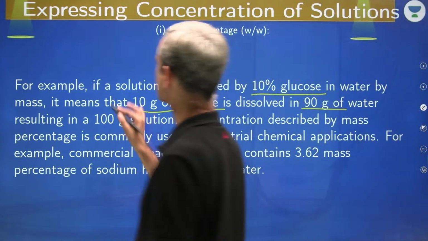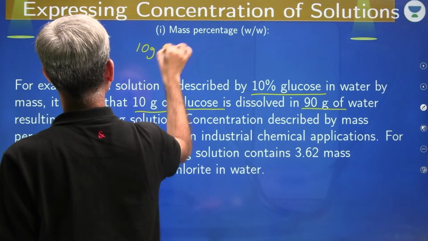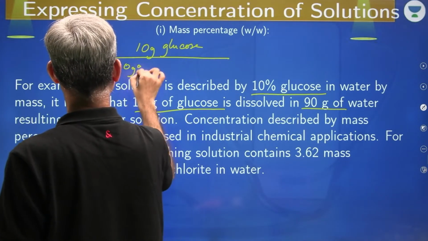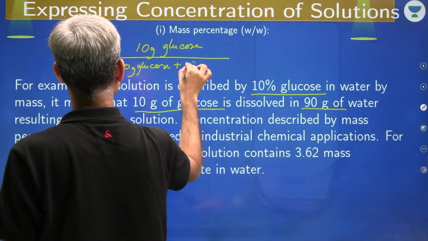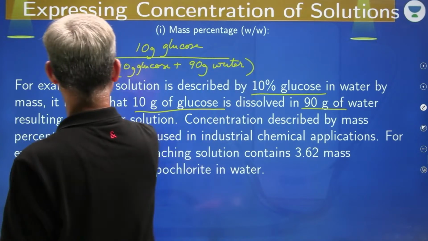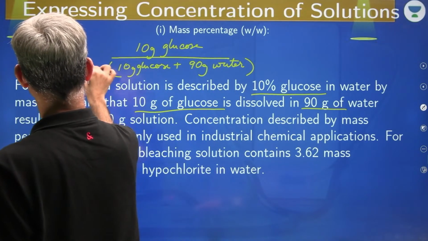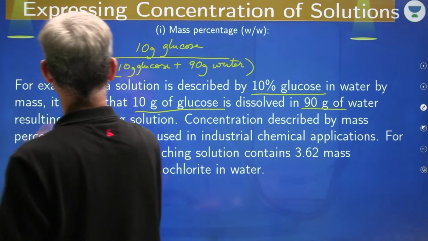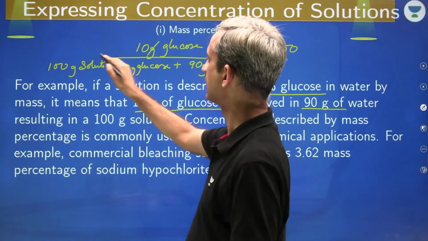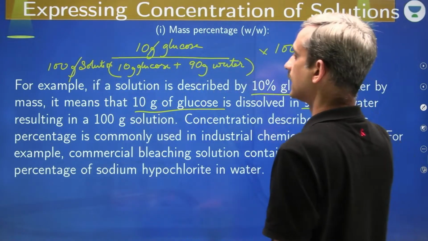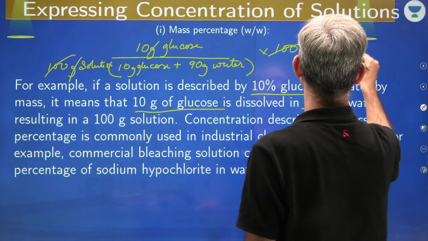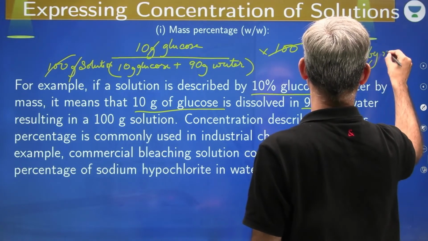So here the percent by mass would be 10 gram glucose upon 10 gram glucose plus 90 gram water, which is 100 gram solution, multiplied by 100. Gram and gram cancel out, and 100 and 100 get cancelled out, so this is 10% by mass.